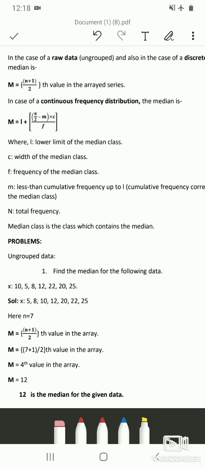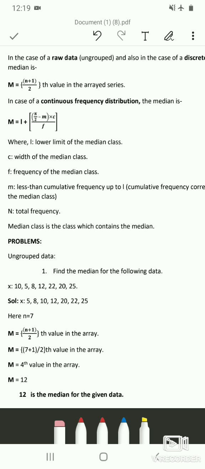The median class is the class which contains the median. We'll understand this whenever we are solving the problems, that is what is m, f, c, all these values.